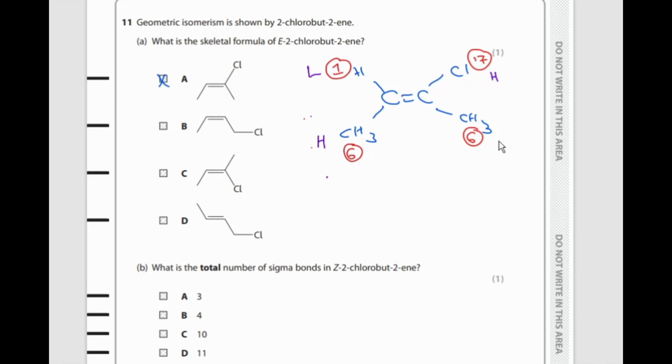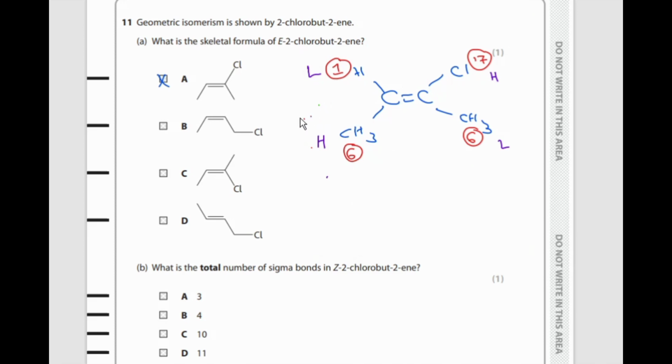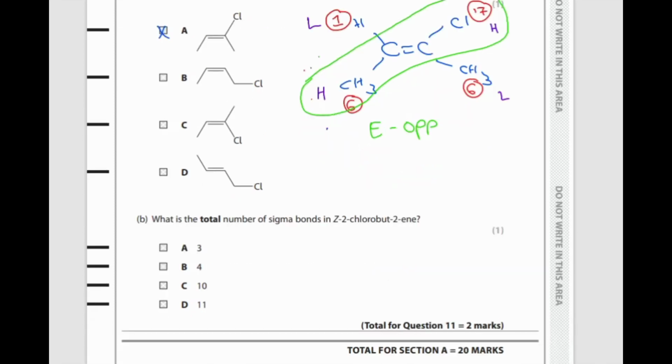So if we are to rank the two, we'll clearly see that chlorine is of a higher rank compared to carbon. So in this case, we have what we call entgegen. The atoms with high rank are on opposite sides. E in German is entgegen, opposite. So for us to remember, we can say E is opposite. So that gives us E2-chlorobut2ene.